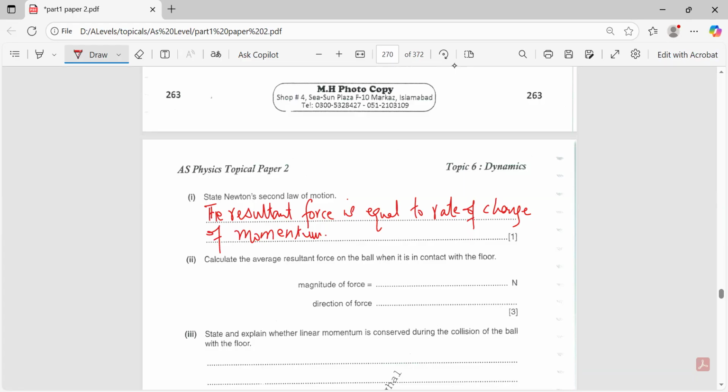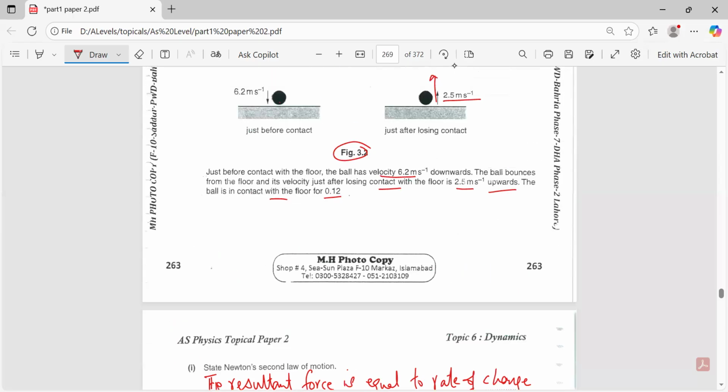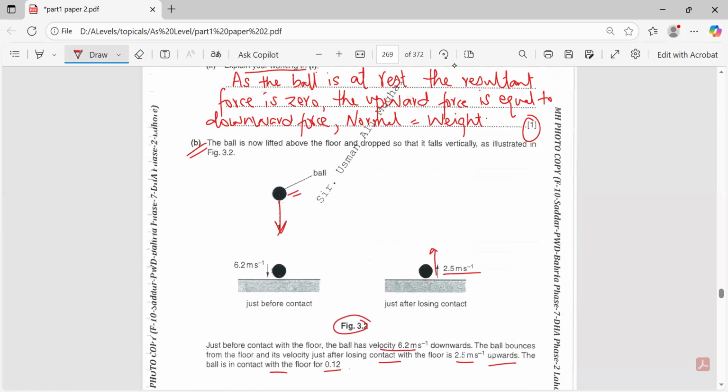Now the question says calculate the average resultant force on the ball when it is in contact with the floor. So we know the formula for finding the force is what? It is change in momentum over time. F is equal to delta P over T. So let's find delta P first.